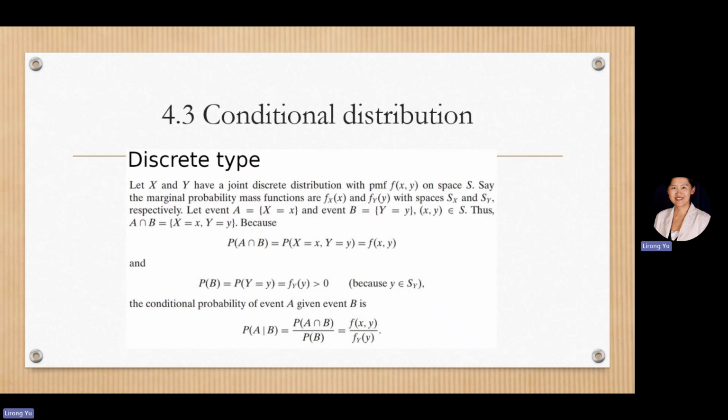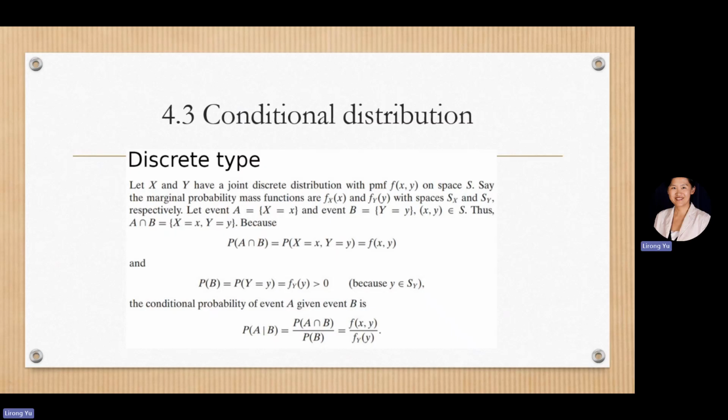Now, the conditional distribution will be defined for the discrete case and the continuous case. Both of them follow the same idea as how we interpret conditional probability. So here, suppose we have a joint distribution, which is probability of A and B, probability X equal to x, Y equal to y. The joint density or joint distribution can be considered as the probability of a joint event.